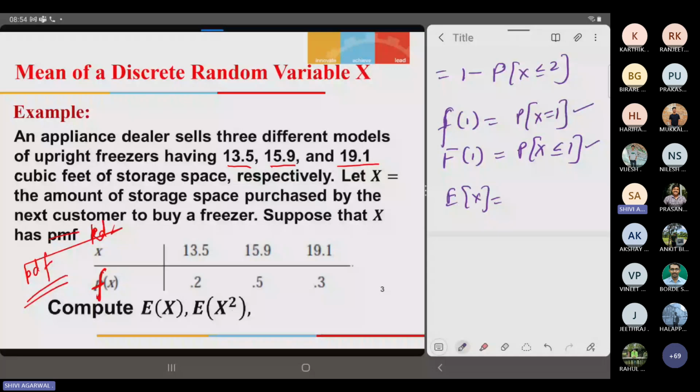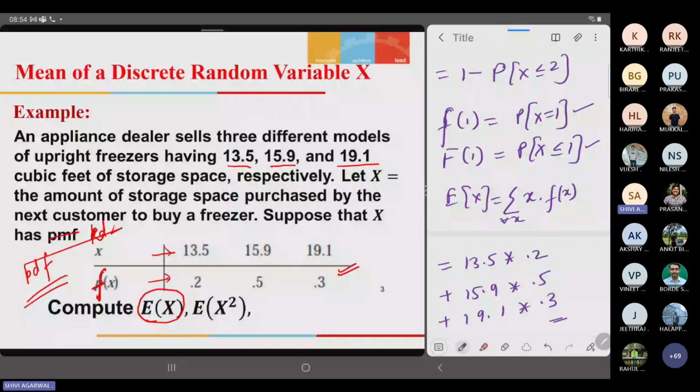Now this probability mass function is given here. Now this x is given, fx is given. Can you calculate the expected value of x? It is very easy. It is x multiplied by fx, and we are taking the summation for all x. So now we are just taking 13.5 multiplied by 0.2 plus 15.9 multiplied by 0.5 plus 19.1 multiplied by 0.3. The answer comes here.